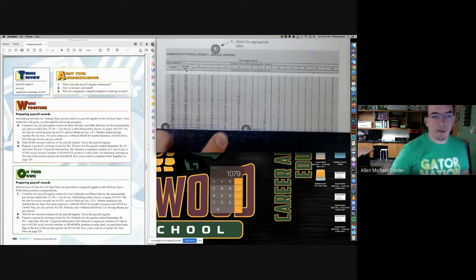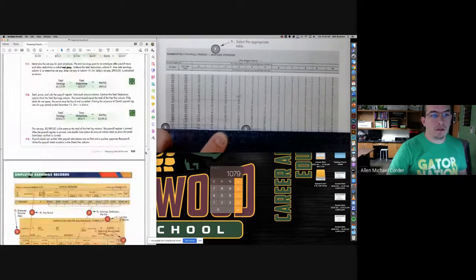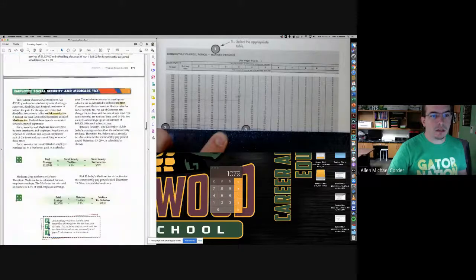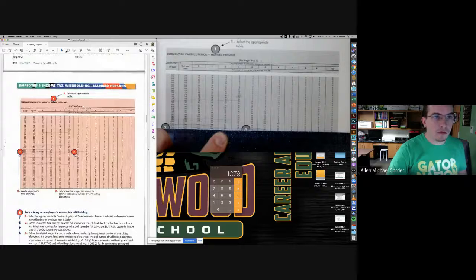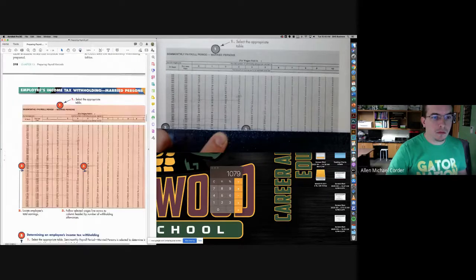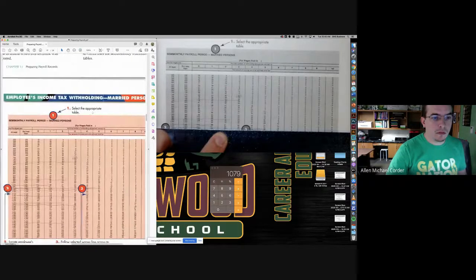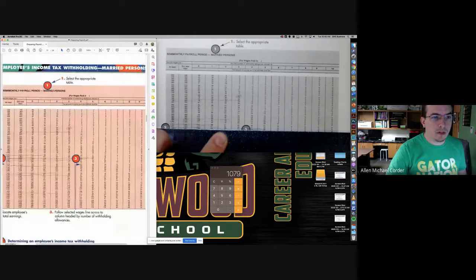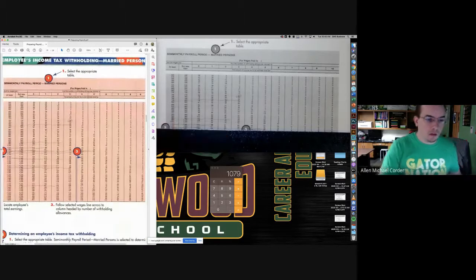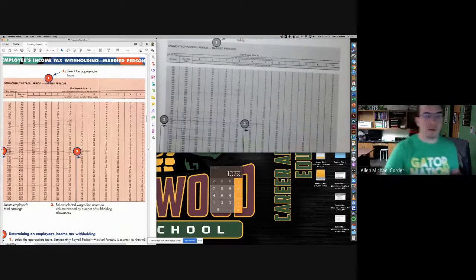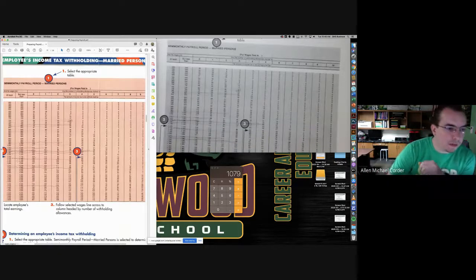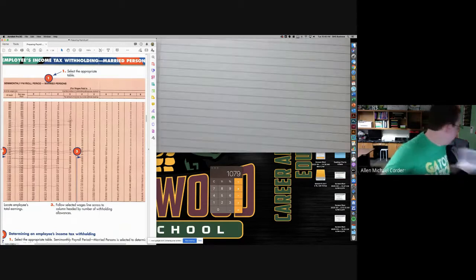Here, maybe I can show y'all in the book a little bit easier, since it's on the screen. Married persons. This is a little bit easier to see. I don't have a ruler this time to show y'all on the screen, but we can look right here.